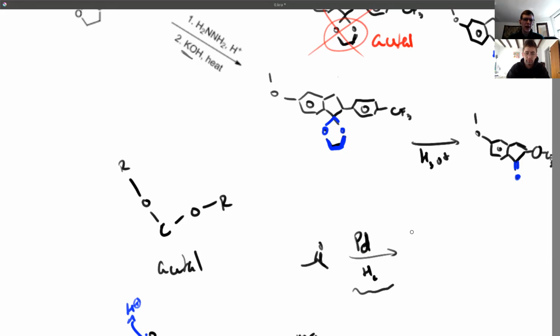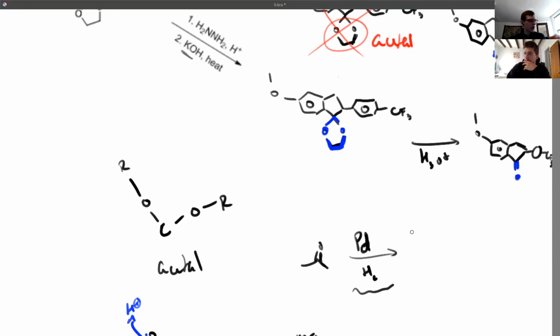Maybe. It seems weird. I didn't think you can reduce aromatic rings with palladium and hydrogen gas. Let's see. Yeah, it looks like it's hydrogenation of an aromatic ketone. It looks like you can use palladium and H2 to basically do what our last 2 reductions were.